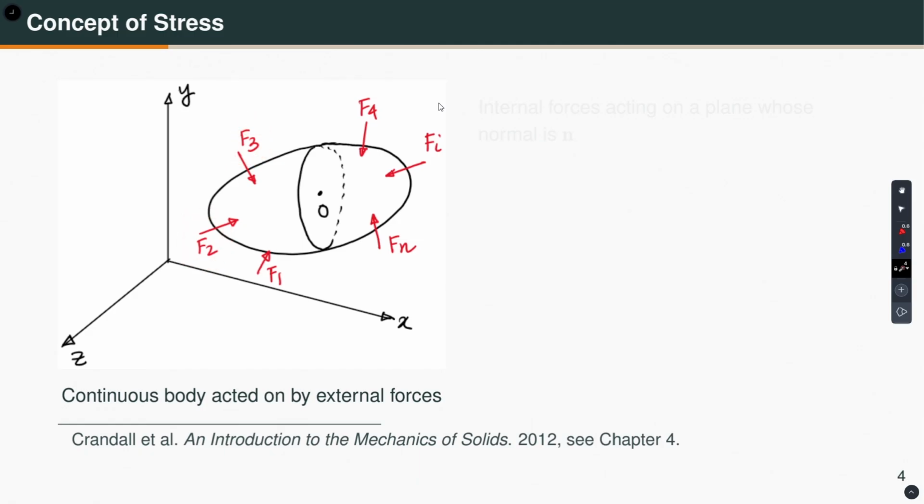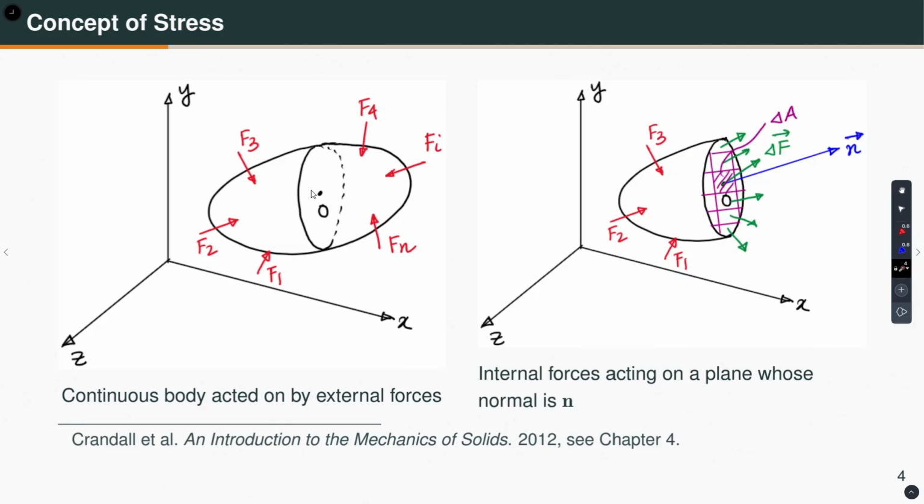Now, I am considering a point in the body which is, let us say, point O. If I cut a plane passing through that point, any arbitrary plane, and cut the body into two halves, then what happens? The internal forces will be exposed.